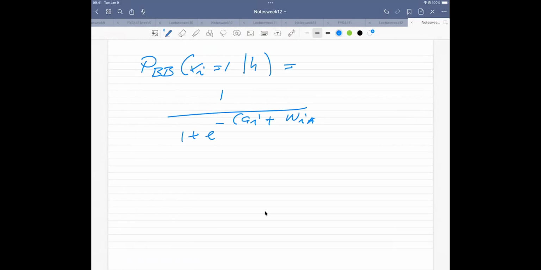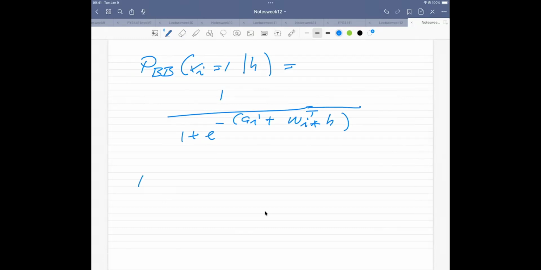Let me rewrite it a little better: this is wi, but I need to transpose it in order to multiply with the h values. So h is a vector now.